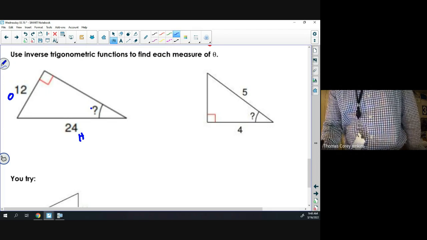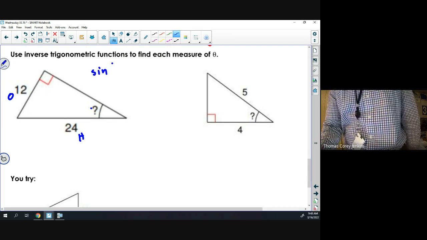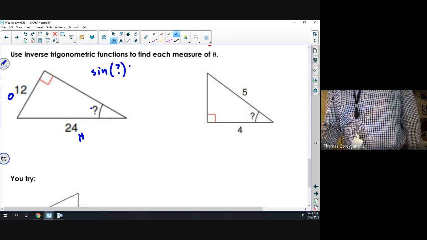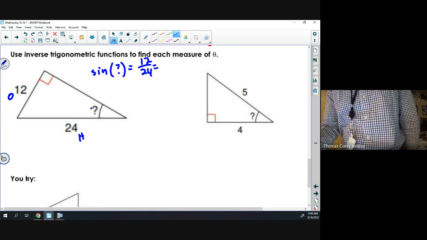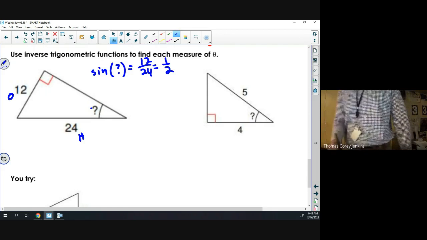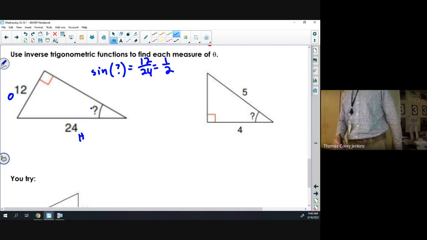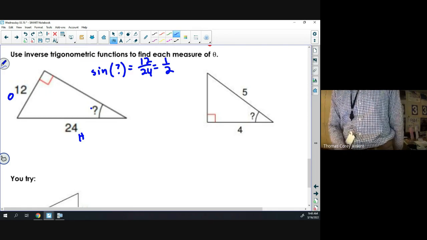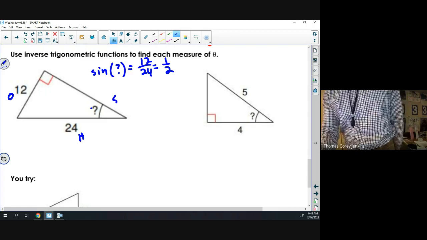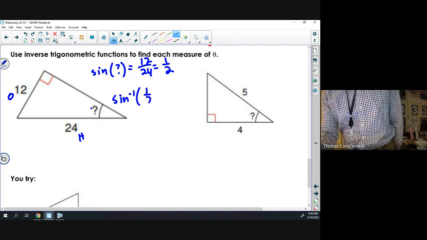We could set it up as sine of question mark equals 12 over 24. You don't have to reduce here, but we can, so I will. Then we know we're going to use the inverse function to make the input the output. So we'll say arc sine, or sine to the -1, of 1/2.